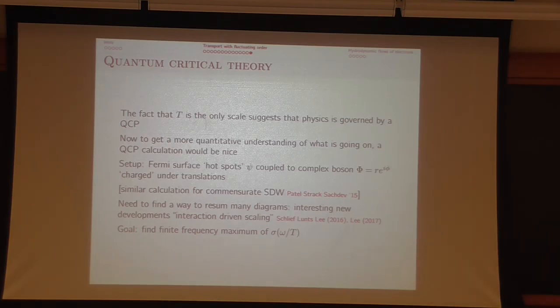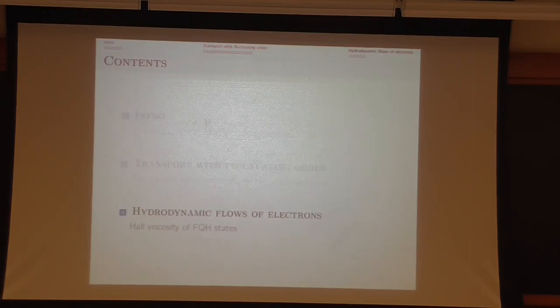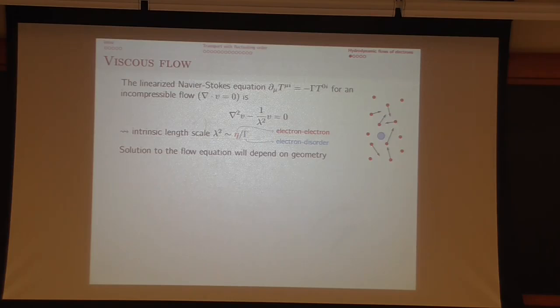In the remaining 10 minutes, I'll talk about another application of these hydrodynamic ideas, which utilizes more the dependence on the geometry, how hydrodynamic correlation functions depend on the geometry of the system you're looking at. So if you remember, our momentum conservation equation in the presence of momentum relaxation had this form.